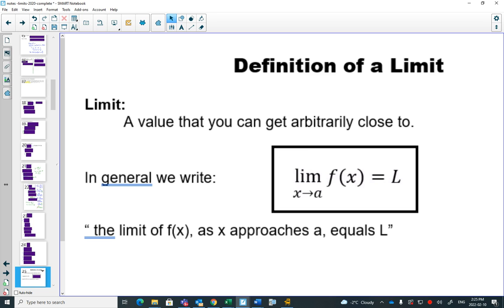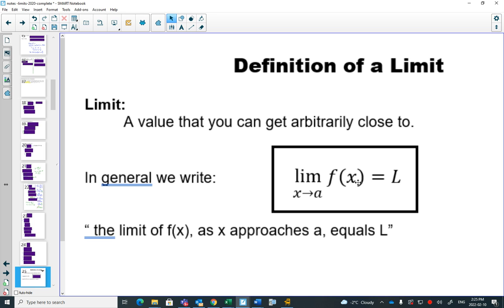How do we write limits? Well, we have this notation where we shorten the word limit. You'll notice mathematicians like to shorten words so they don't have to write as much, to LIM. And we say the limit as x gets close to a of whatever equation we have is equal to some number.